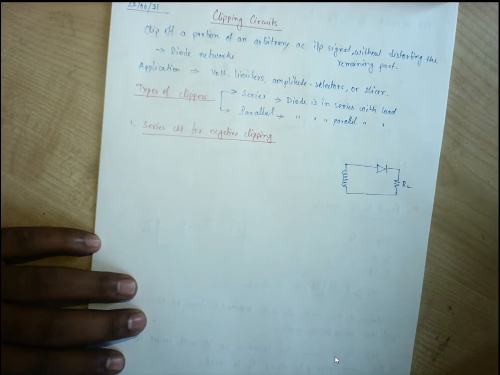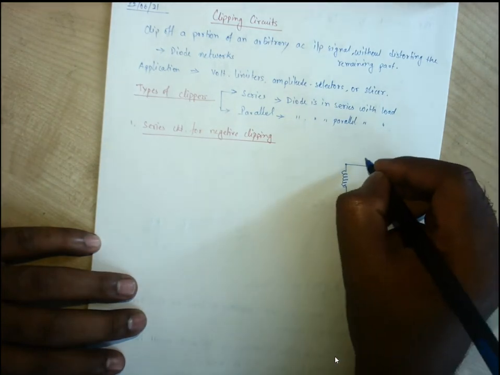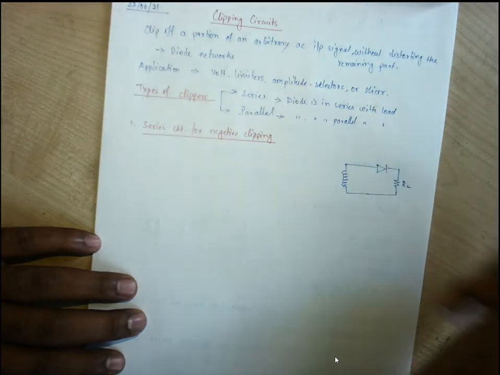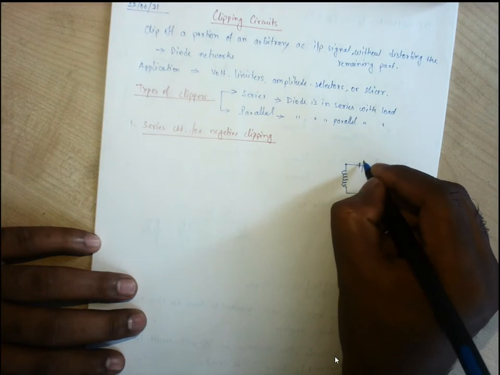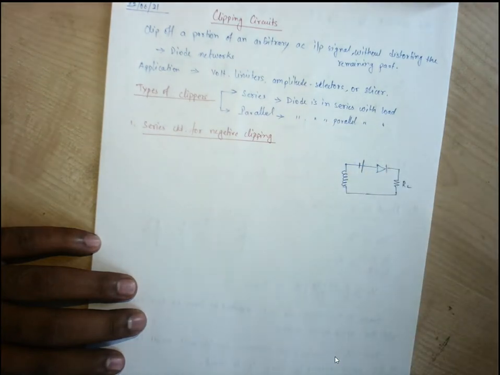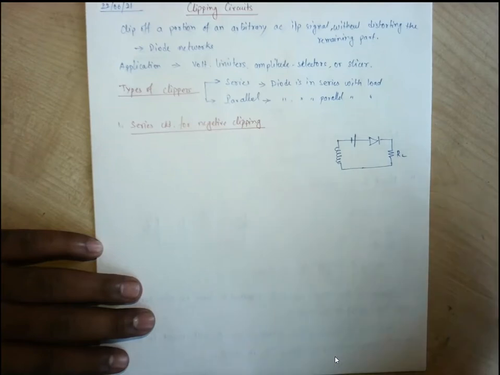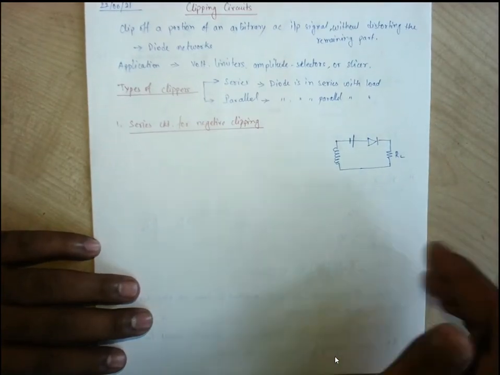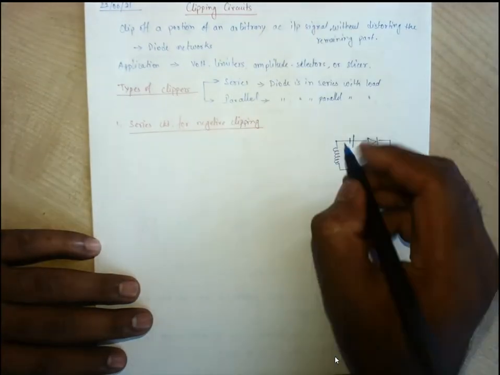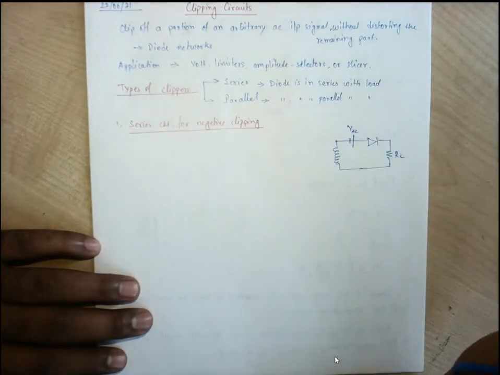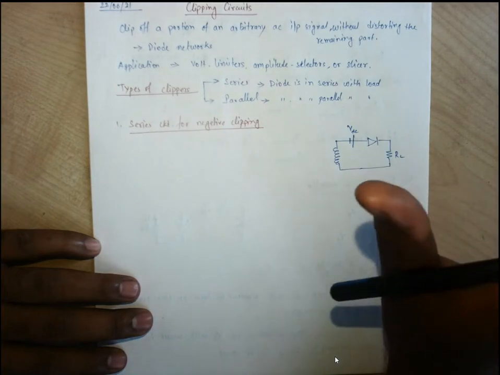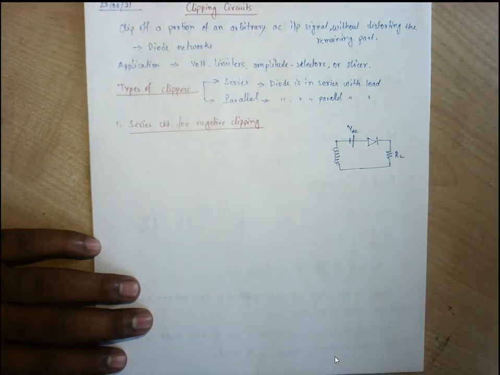Let us consider I am just connecting a DC supply in the middle, like this. A DC voltage source is also connected. There will be some change based on this VDC, and the change will come out at the output.